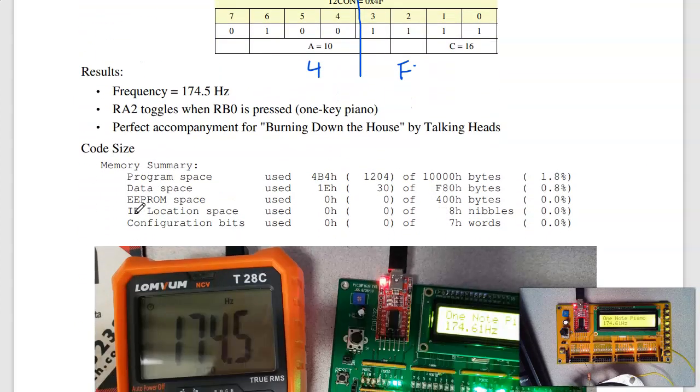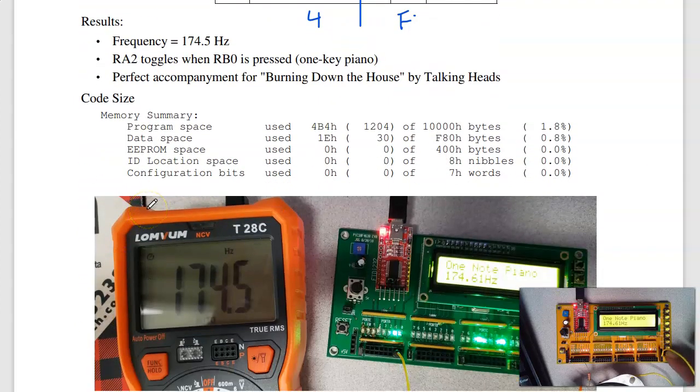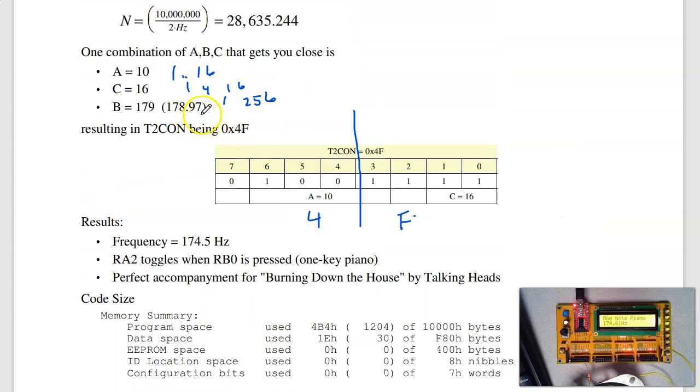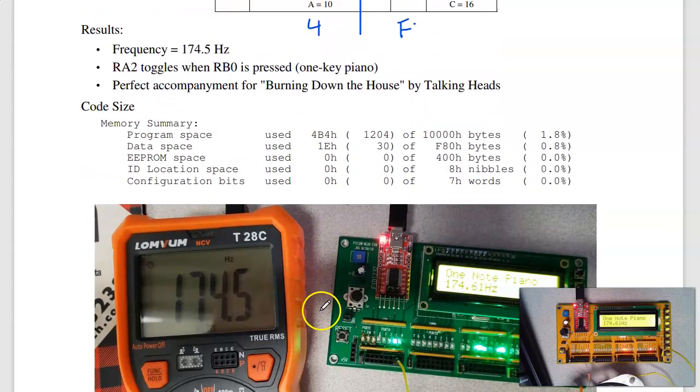If I do that, there's my frequency. From a frequency counter, that's 174.5 Hertz. It's supposed to be 174.61. You're pretty close. Again, I can't get exact, I can't do fractions. I'm off by 0.03. Not too bad.